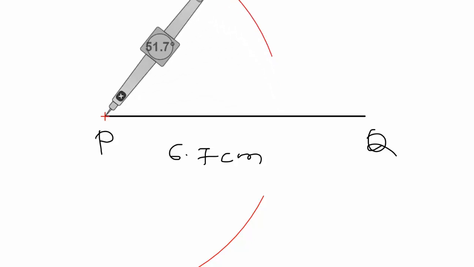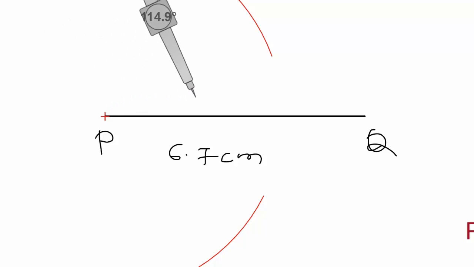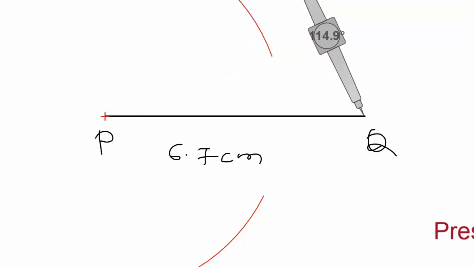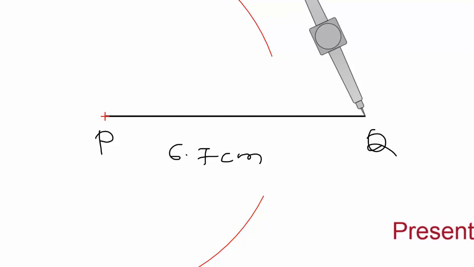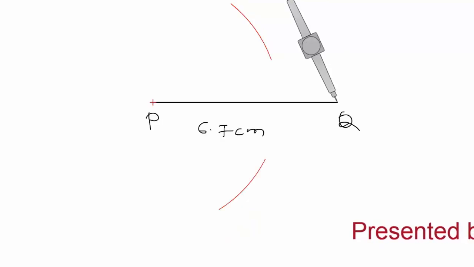Then again put the compass on point Q and draw the arc intersecting the other arc.